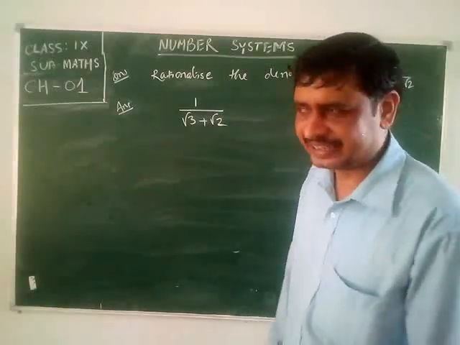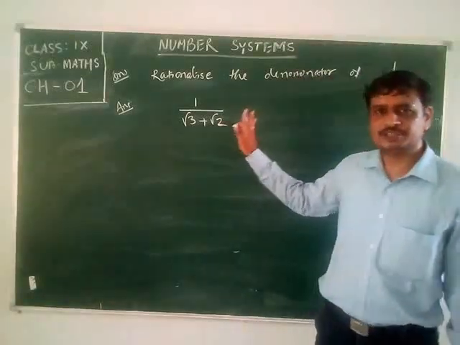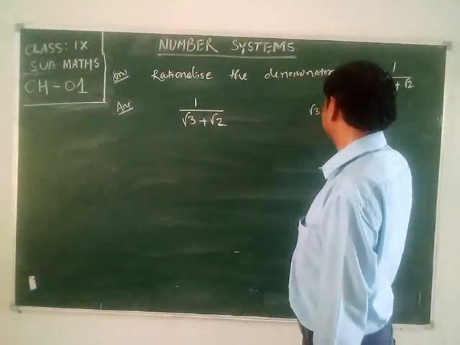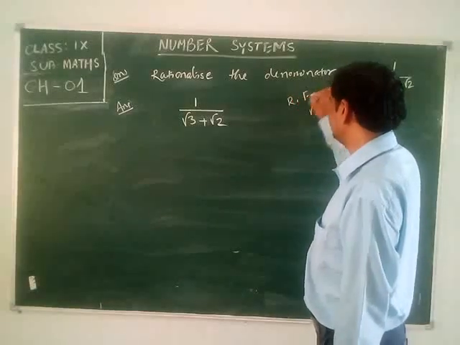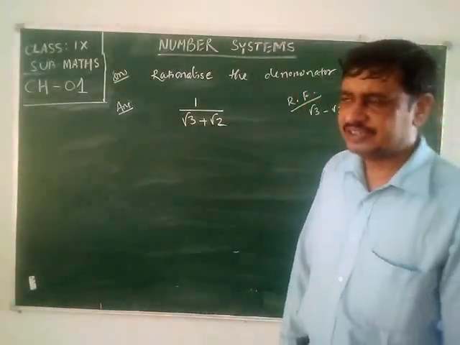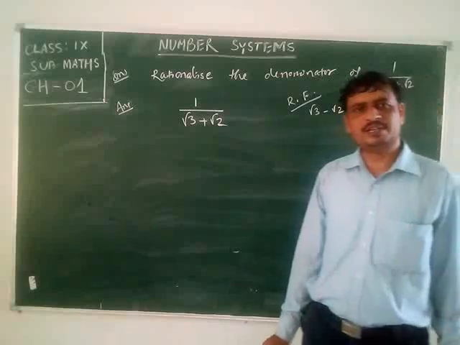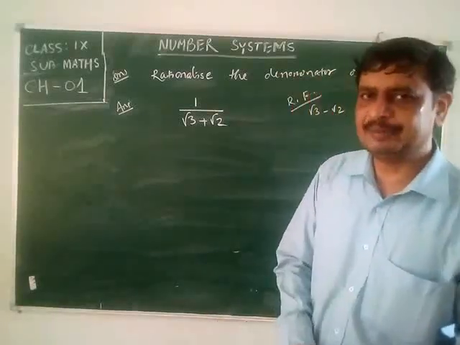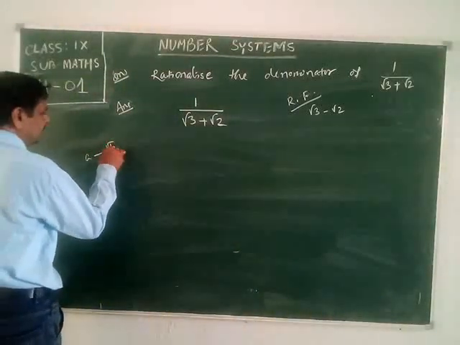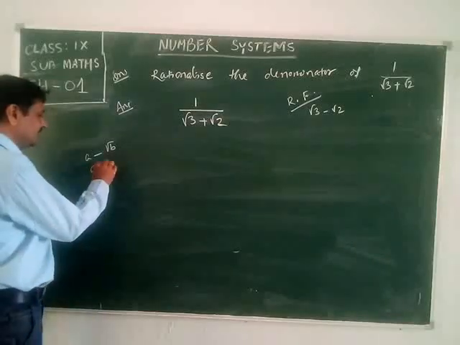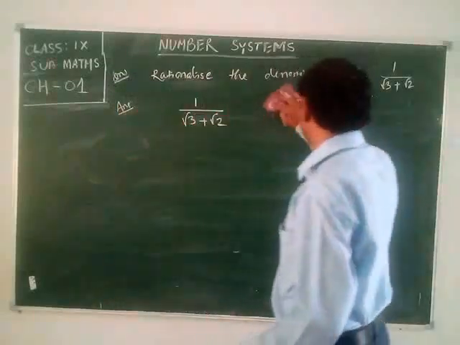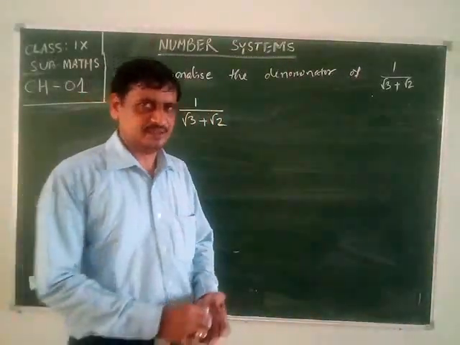The rationalizing factor becomes its conjugate, that is root 3 minus root 2. For root a plus root b, the rationalizing factor will be root a minus root b. If it is root a minus root b, its rationalizing factor will be root a plus root b. In this way, we can find the rationalizing factor by knowing its conjugate form.